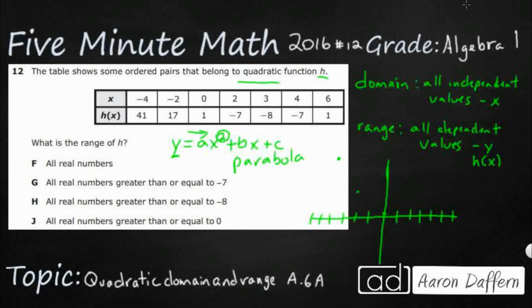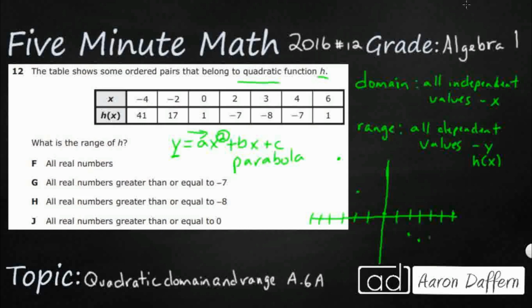Then we have a 2, -7, so we're still going down, not as much. And then we get a 3, look at that, -8. And then 4 goes back to that -7. And then 6 goes back to that 1.